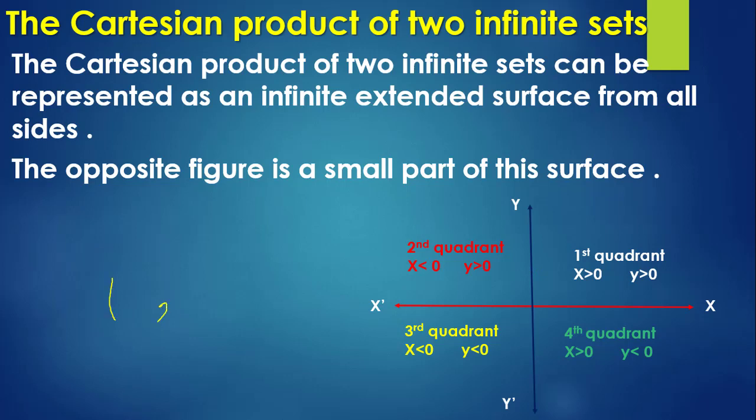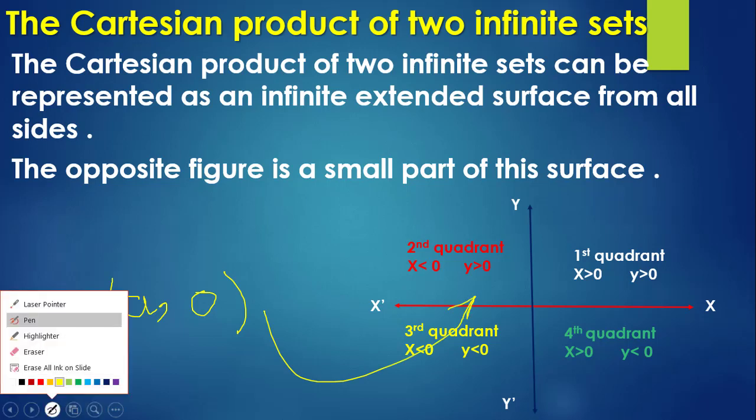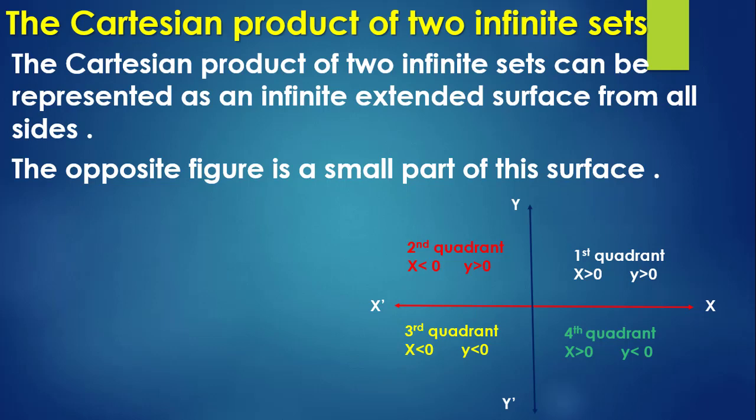So the first projection is whatever, for example, A. The second projection is 0. It means that this point is on x-axis. Okay, so if the first projection is 0, it means that the point is on y-axis. If the second projection is 0, it means that this point is on x-axis.